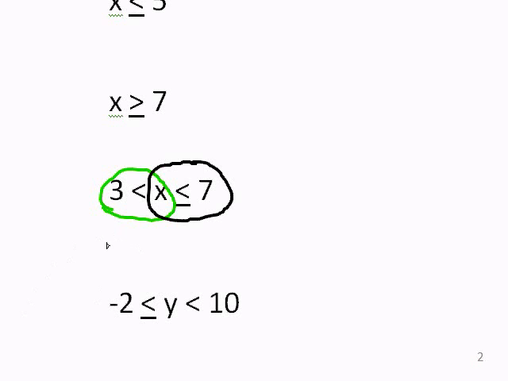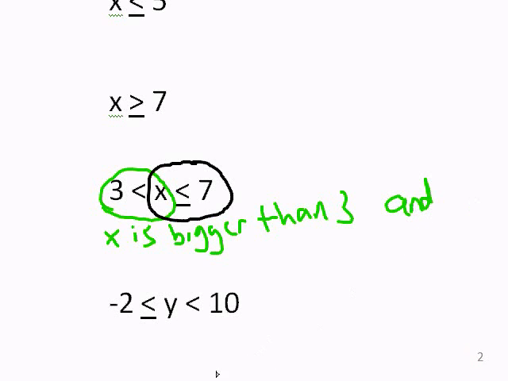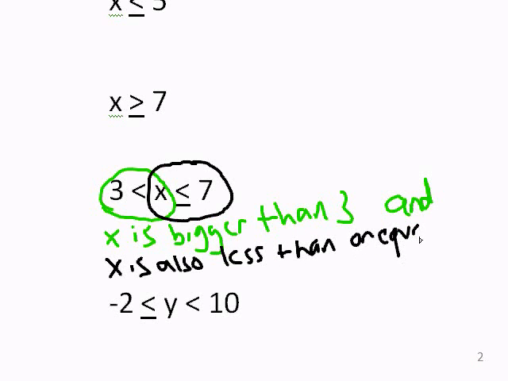So this says x is bigger than 3. It also says, let's add the word and, since x is the middle, and x is also less than or equal to 7.